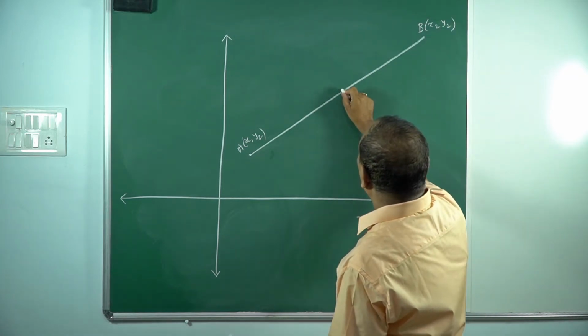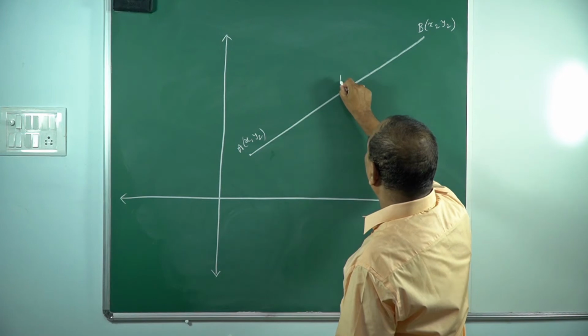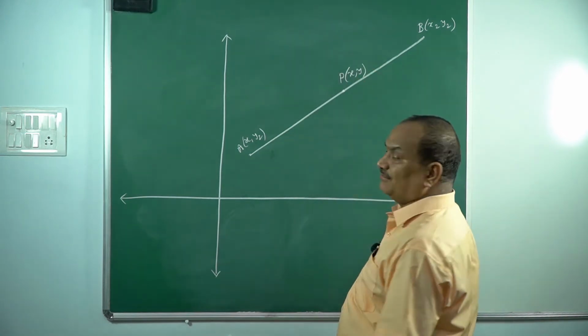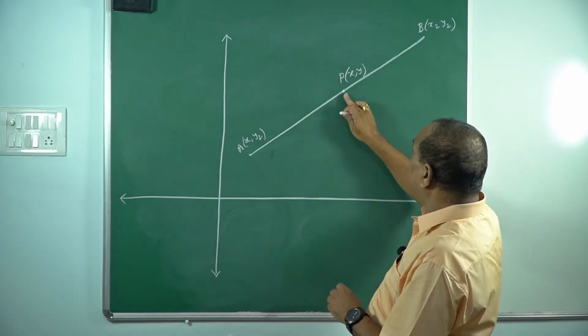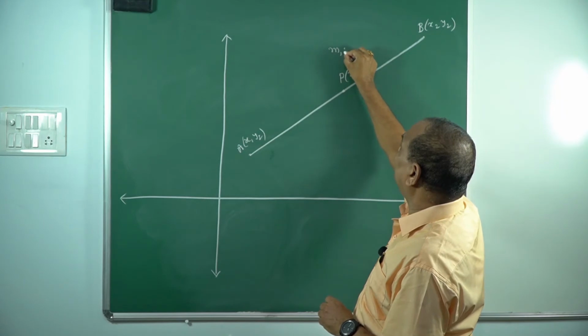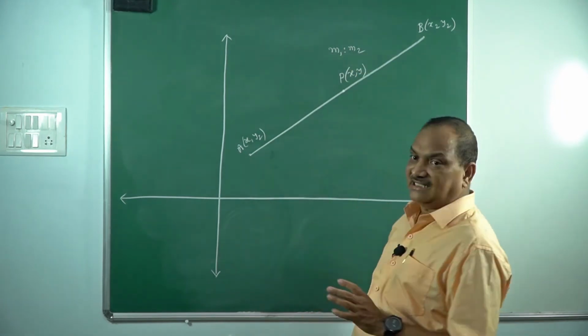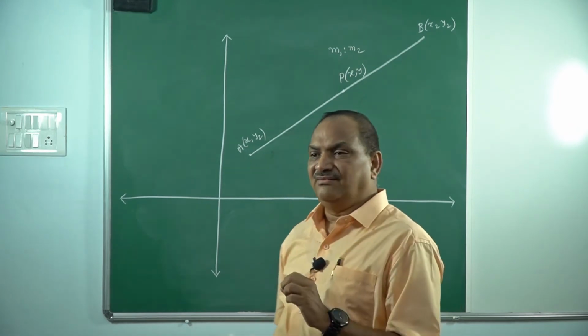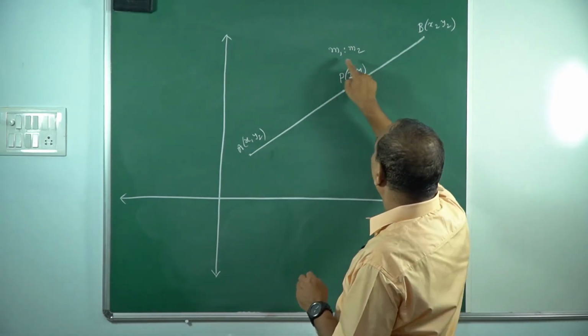And he is asking us, where is this P? For the time being you say x comma y, but he tells that P is dividing this line segment in the ratio m1 is to m2. You have to find out the coordinates of that point P which divides this line segment in the ratio m1 is to m2.